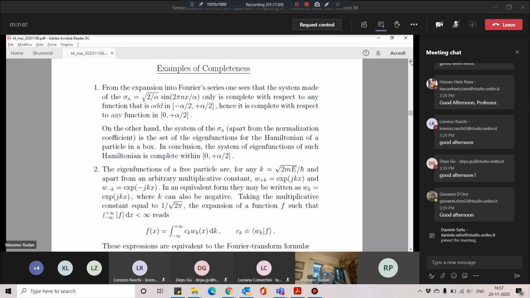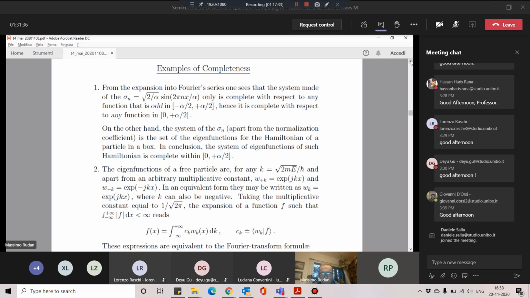So we obtain the same set as before with a more compact symbol, okay? You also remember that for the free particle, the wave function cannot be normalized. So it is always defined apart from a multiplicative constant, okay? So let's take the constant equal to 1 over the square root of 2 pi, okay?